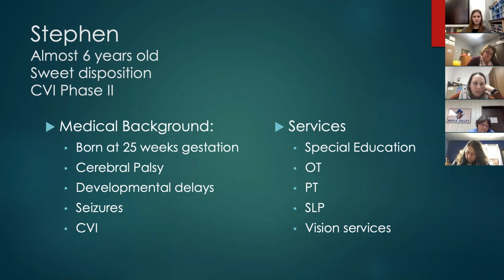He does have a history of seizures and CVI. We know there are phases 1, 2, and 3 for CVI, and this little boy is in phase 2. Phase 2 is generally the most common phase overall. However, a lot of the kids you might see in your day-to-day work environments could very well be phase 3 kids, and they might have slipped through the cracks and be a little harder to spot.